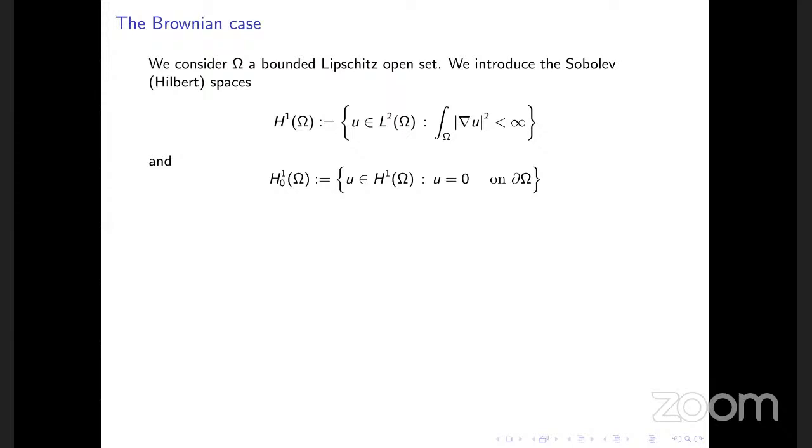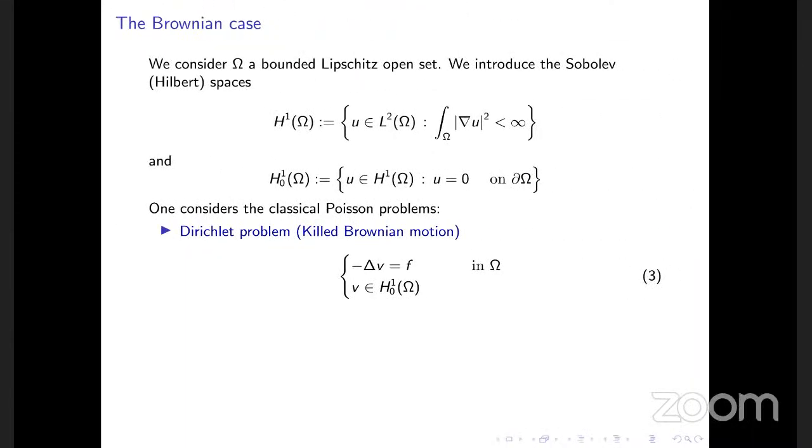And so which is just the space of functions in H1 such that u is 0 at the boundary. And in this case, one is interested in the most famous, simple problems, which are just the Dirichlet problem, which is just a weak solution for the Laplacian with a solution which is 0 at the boundary.